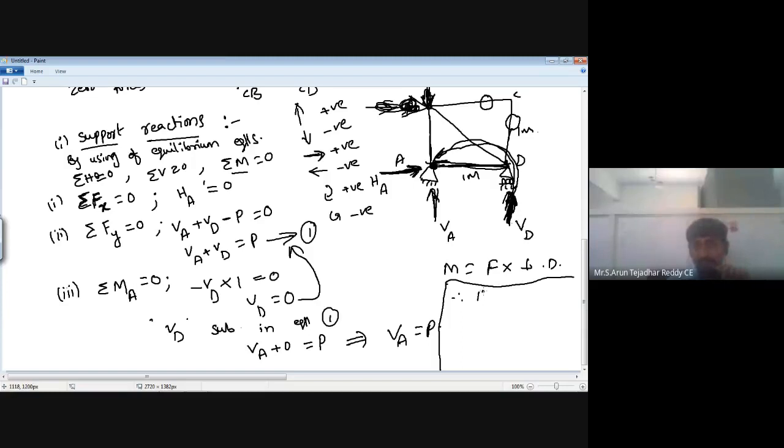Therefore HA is equal to 0, VA is equal to P, VD is equal to 0. So these are the support reactions.